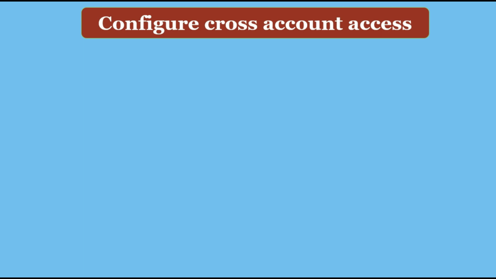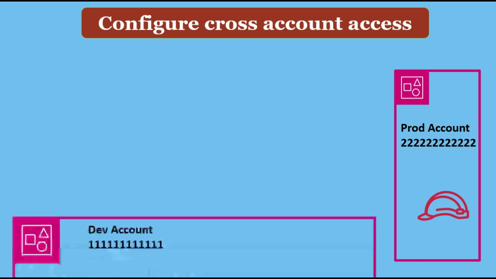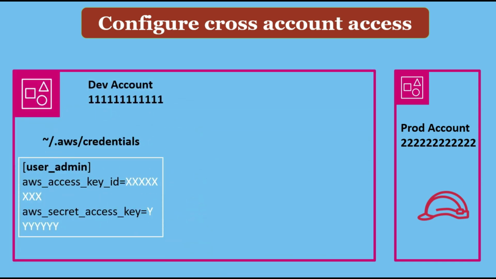So let us understand how to configure this cross-account access. So we have the production account where the IAM role is there, and we have a dev account where IAM users are there. First, we need to create a credentials file in the .aws folder.